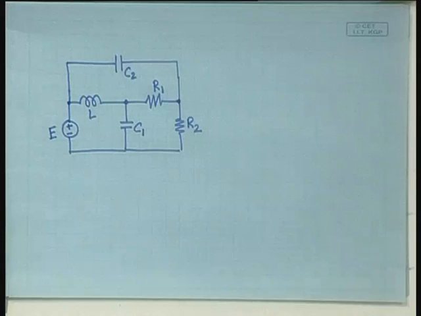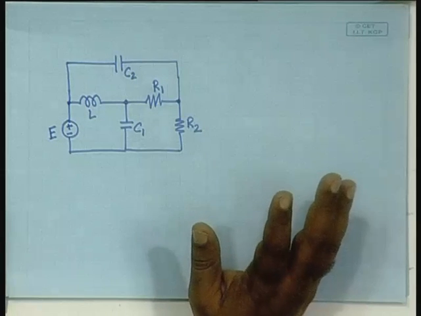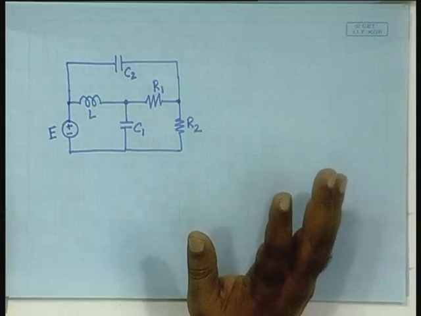First, how would you decide what are the generalized coordinates? The minimum number of potential coordinates that we can identify. No, not potential, charge, because the equivalent of the position is charge.